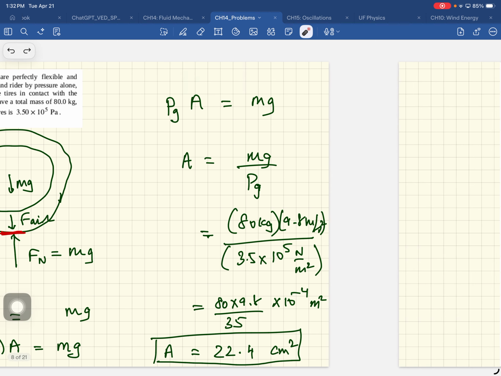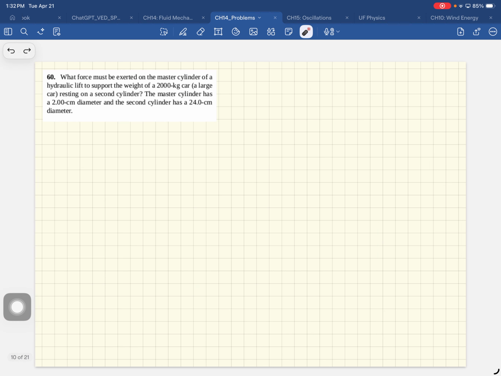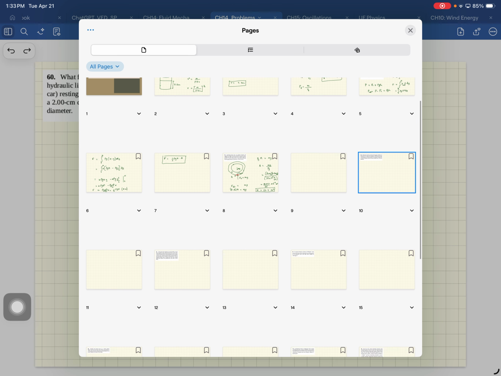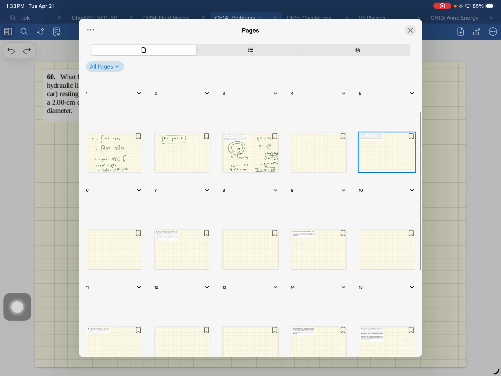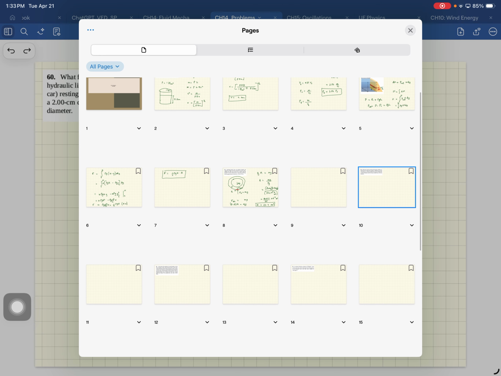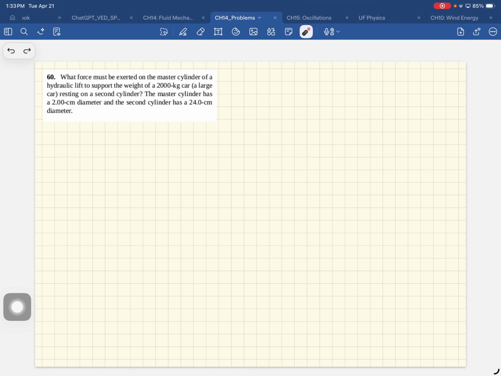That pressure is transmitted to every point undiminished. That pressure increases every point by that much. So this is equal to the output force divided by area out.